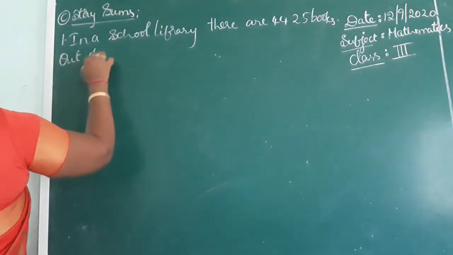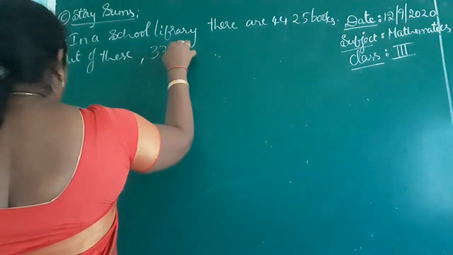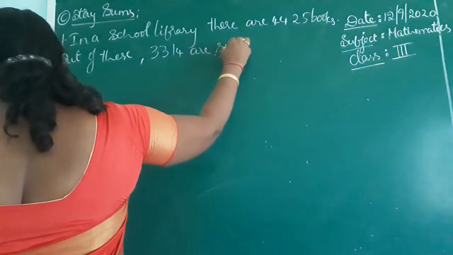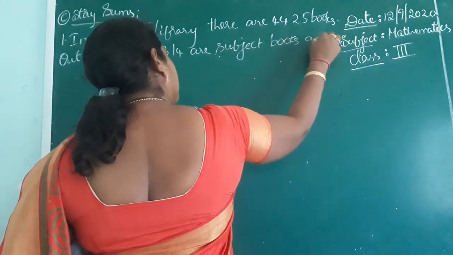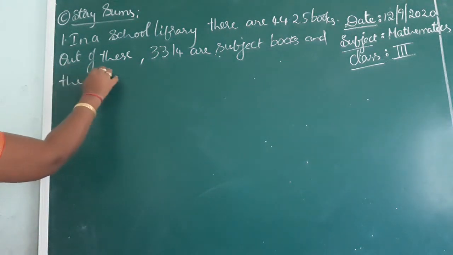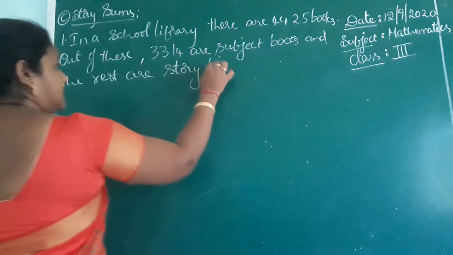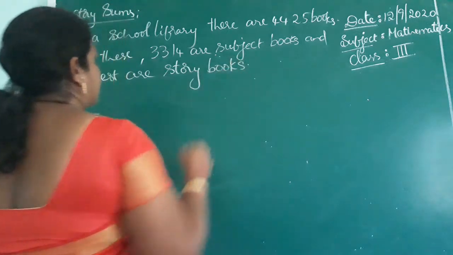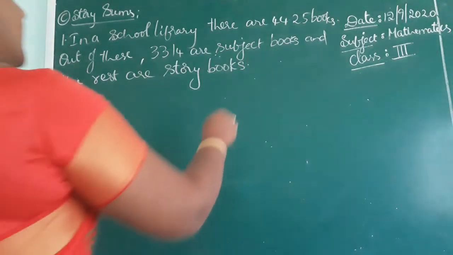Out of these, 3314 are subject books and the rest are story books. The total number of books and the number of subject books are given, and the rest are story books. They are asking the question: how many story books are there in the library?